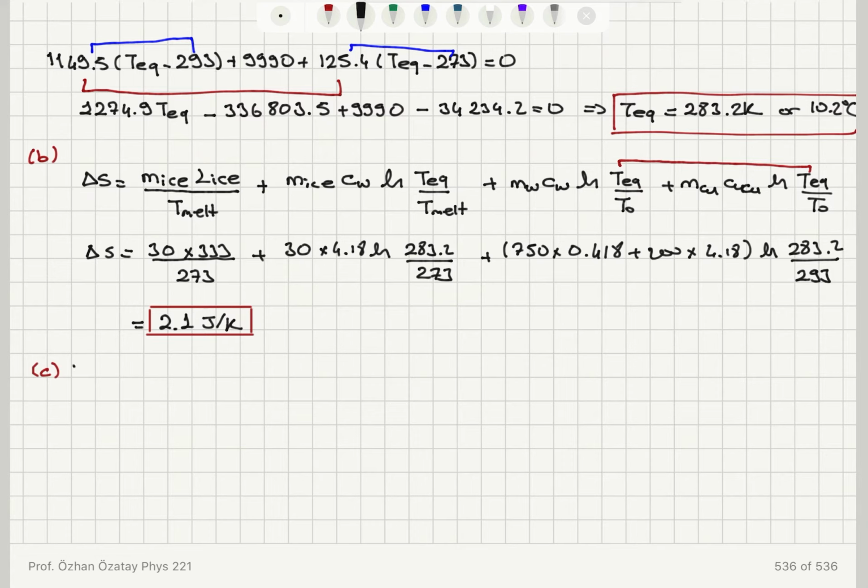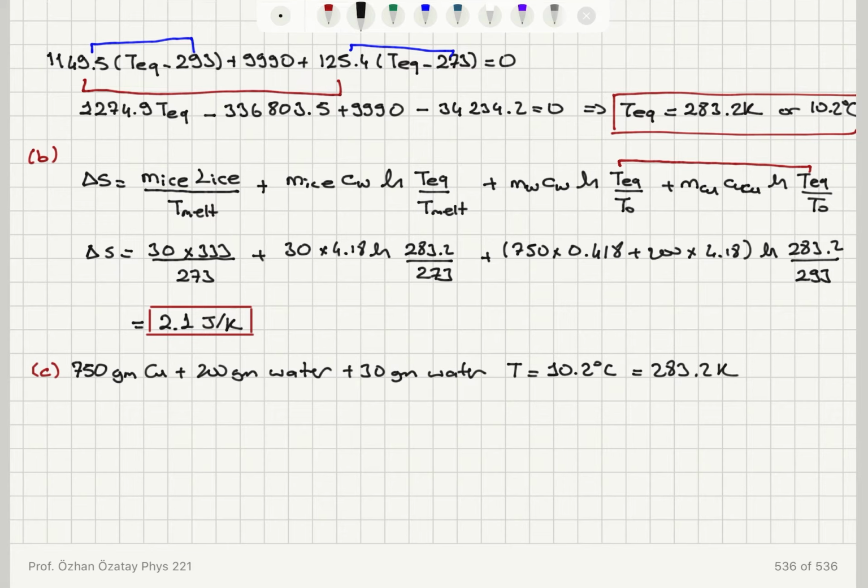Now I have 750 grams of copper, 200 grams of water in it, and then I have 30 grams of additional water in it, and my temperature is 10.2 degrees Celsius, which is 283.2 Kelvin. But I want to reach 293 Kelvin or 20 degrees Celsius.